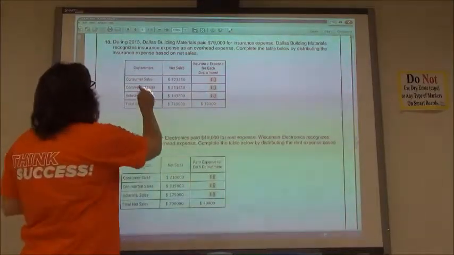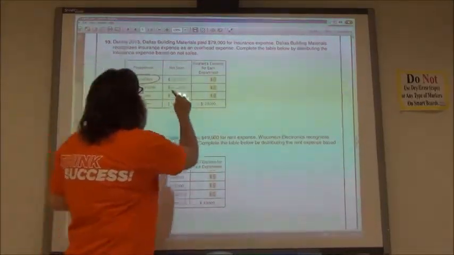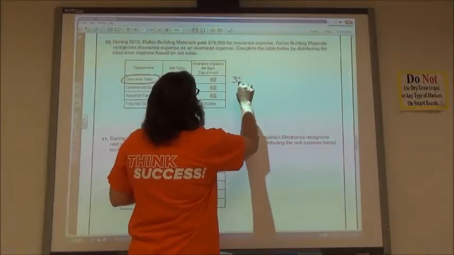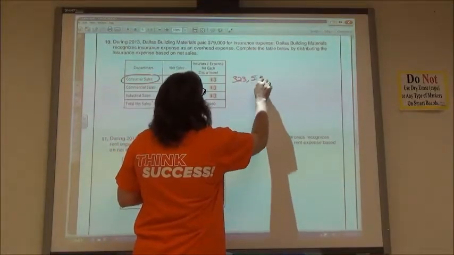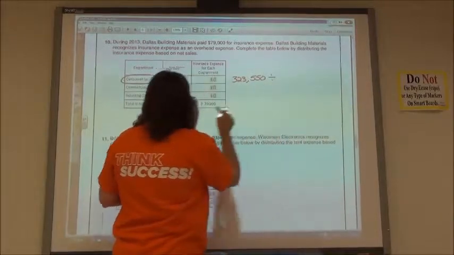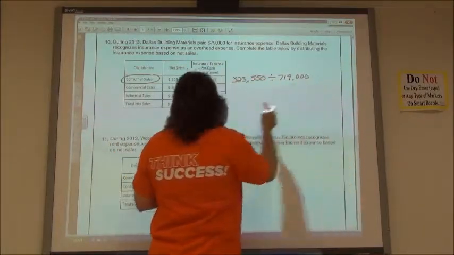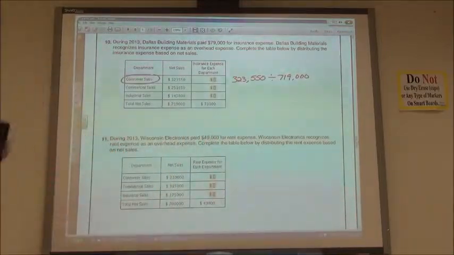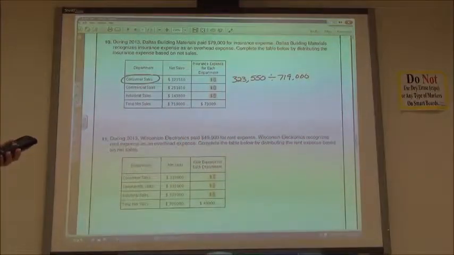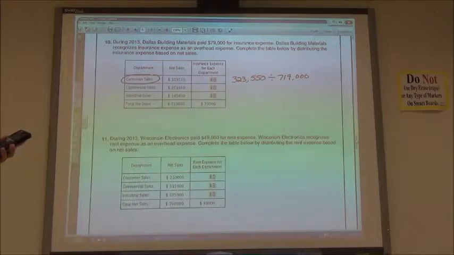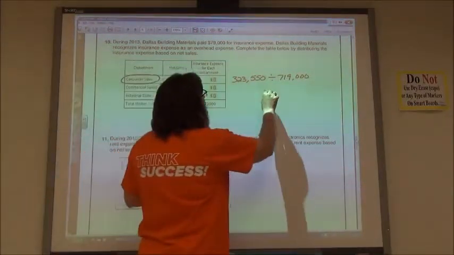So for consumer sales, the first one, our net sales are $323,550. We're going to divide that by the $719,000 to find out what percent of our total sales went to consumer sales. So $323,550 divided by 719,000 gives me 45%.